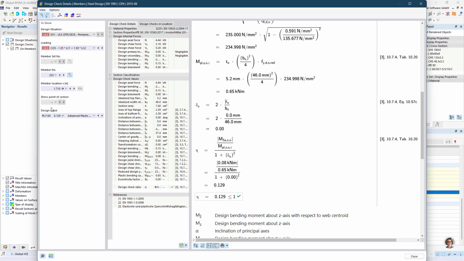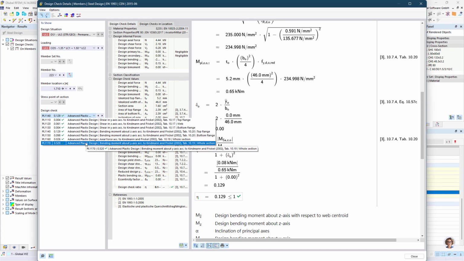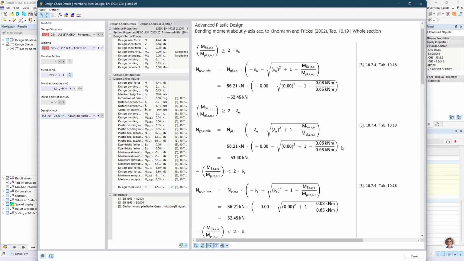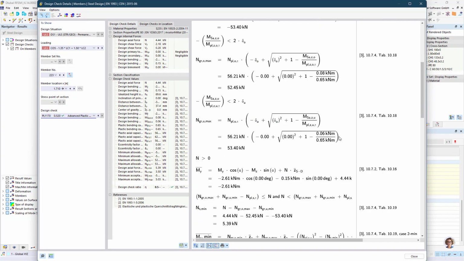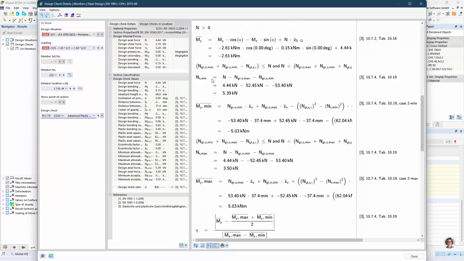And with that, we can finally go to the interaction formula. And what we can see here, if we scroll down a little bit, is that RFEM detects that we are located in case 2. You can see this here in the references.